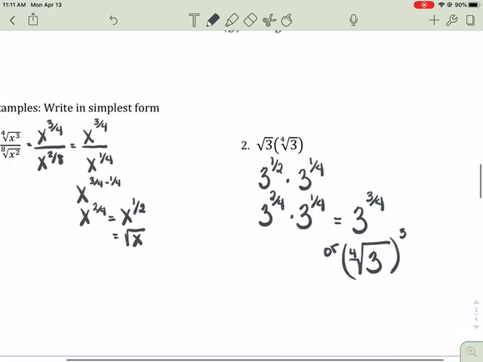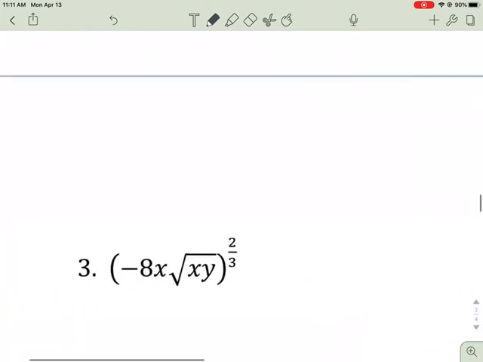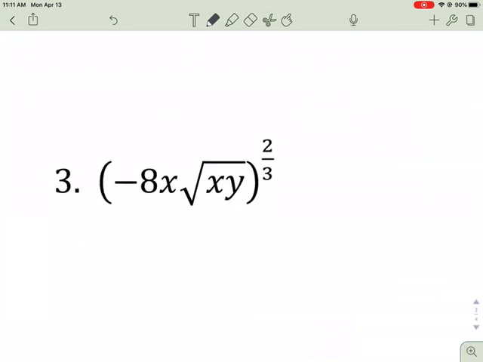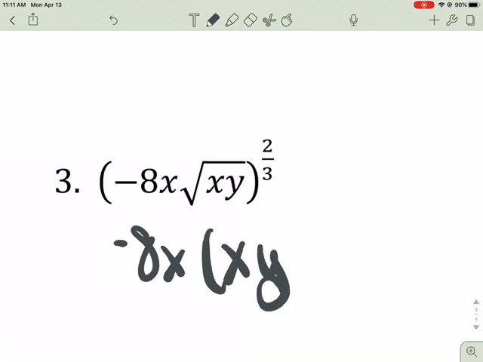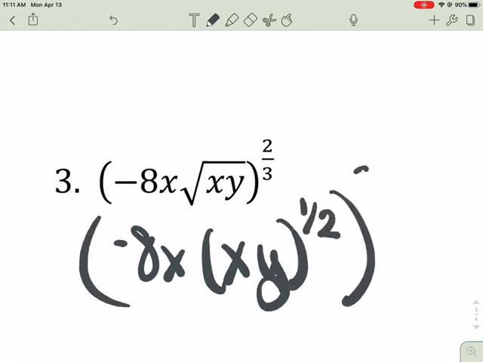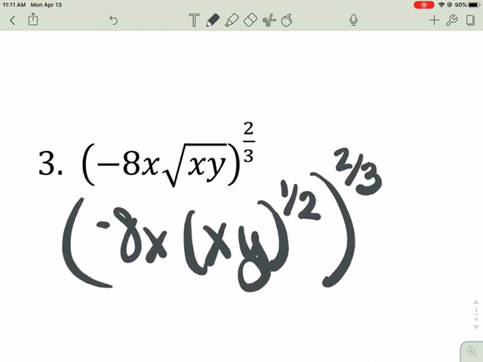All right, let's try another one. So here, first thing I'm going to do is write negative 8x times xy to the 1/2 power, whole thing taken to the 2/3.